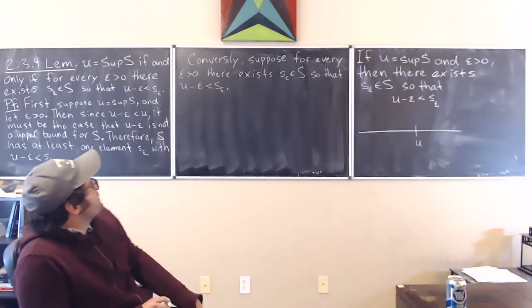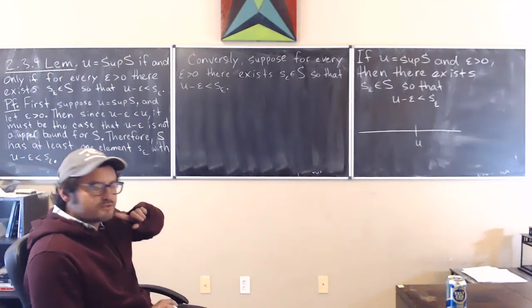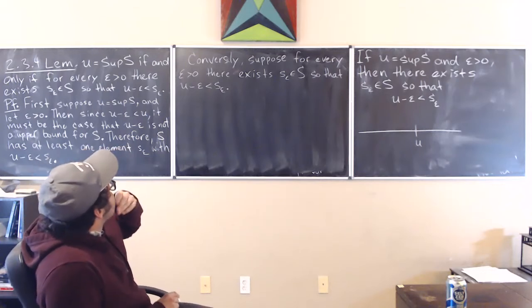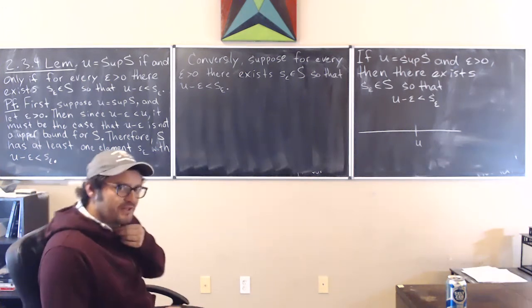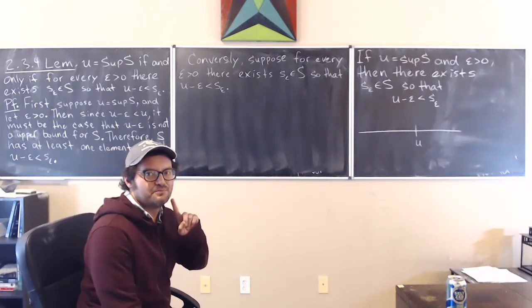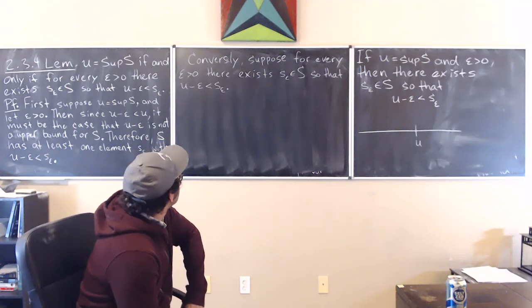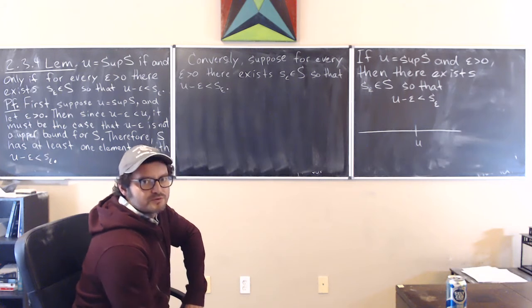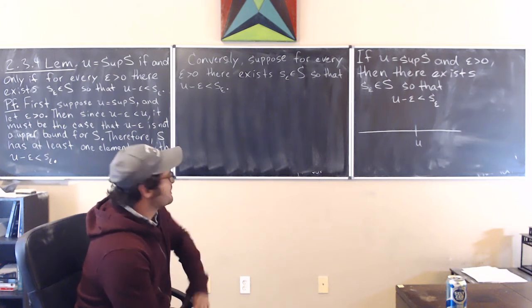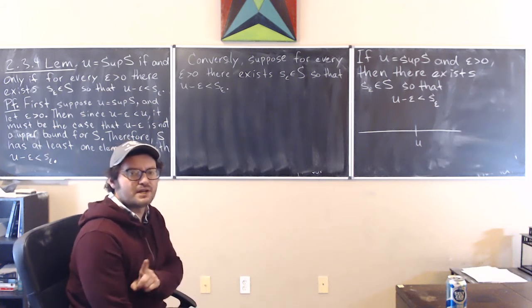I'm just trying to see the easiest way to do a direct proof. That wasn't my initial thought, so let me think. Or would a proof by contradiction be better? I think that's the quickest way for me. It might be doable directly. It might be provable directly, but let's do contradiction just for the sake of time.